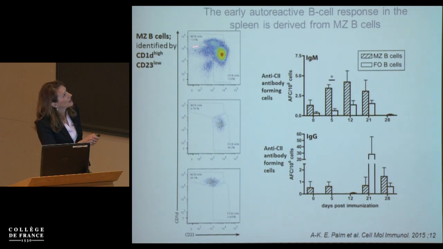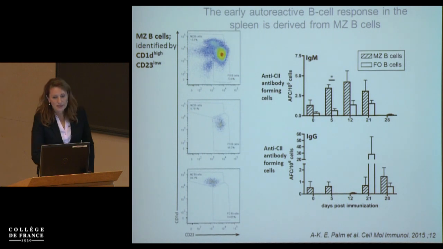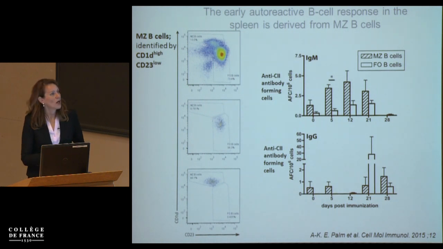Marginal zone B cells are high in CD1d, which is a molecule, and low in CD23. So they will end up here. And the follicular ones are vice versa, and they end up here. And by doing this, you can tell the machine to sort this into one tube and this into another tube. And then you can do analysis of this.